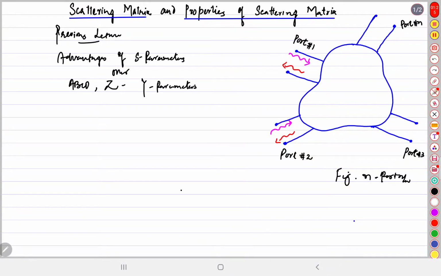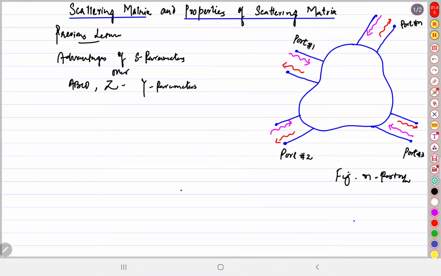Likewise, at port 3 we'll be having an incident wave and a reflected wave, and eventually at port N we'll be having an incident wave and a reflected wave.